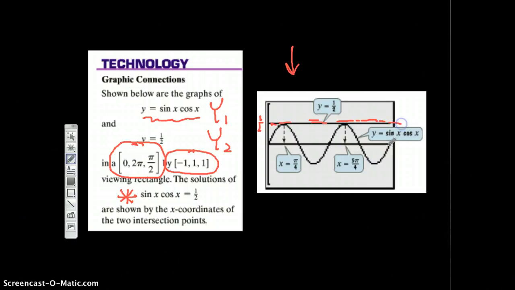And then I have my function, that other part, the sine, going right here. Now the question is, where do they touch? Here and here, okay? And those values are pi over 4 and 5 pi over 4. So yes, you can use your calculator to solve a trig equation, okay? So please keep that in mind.